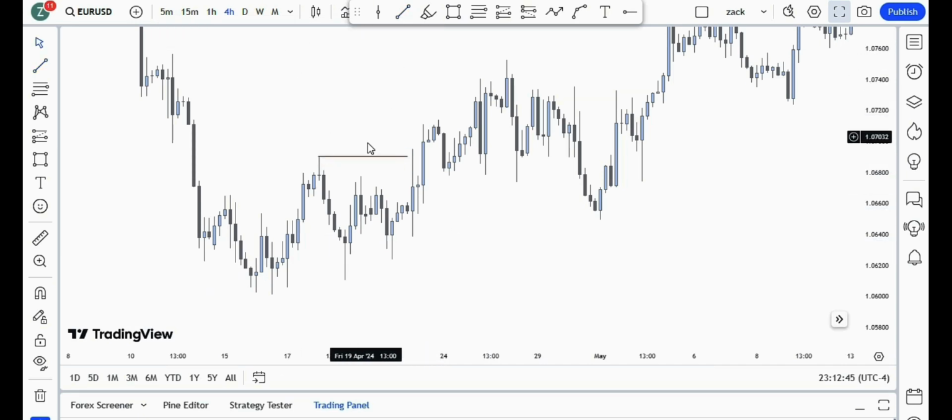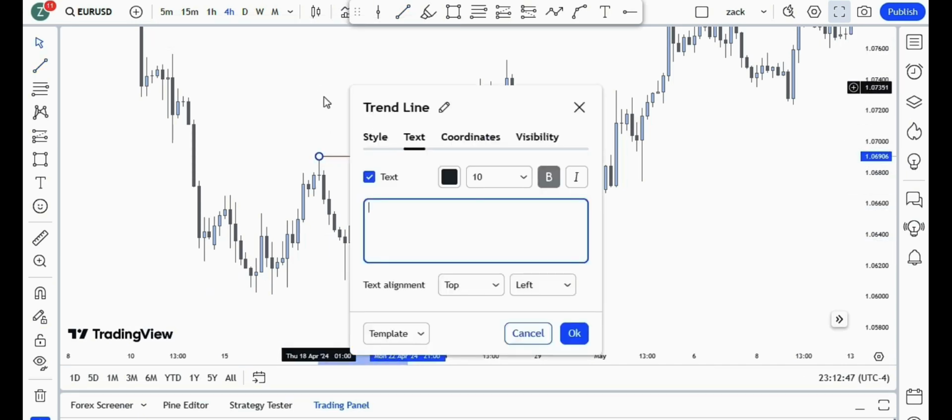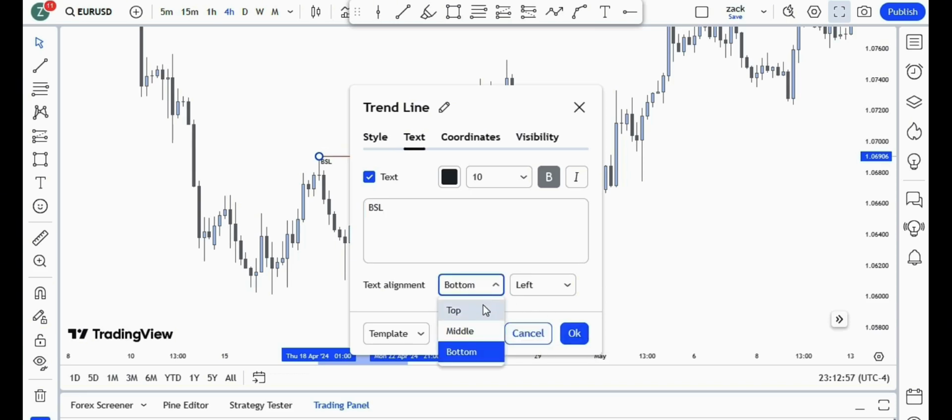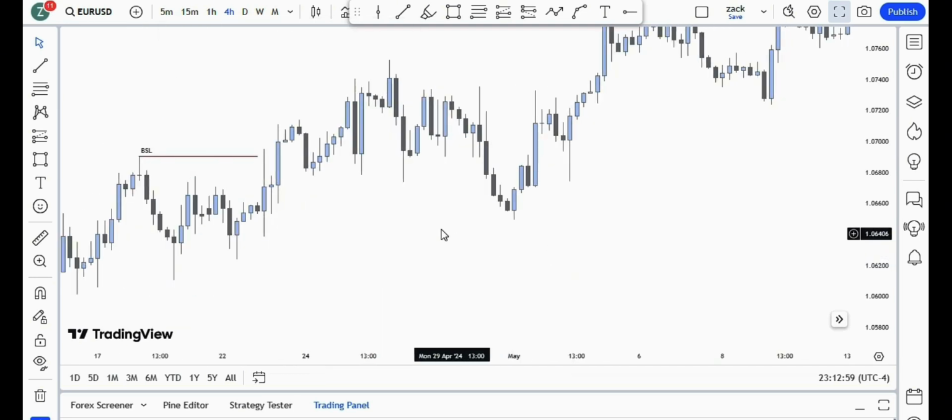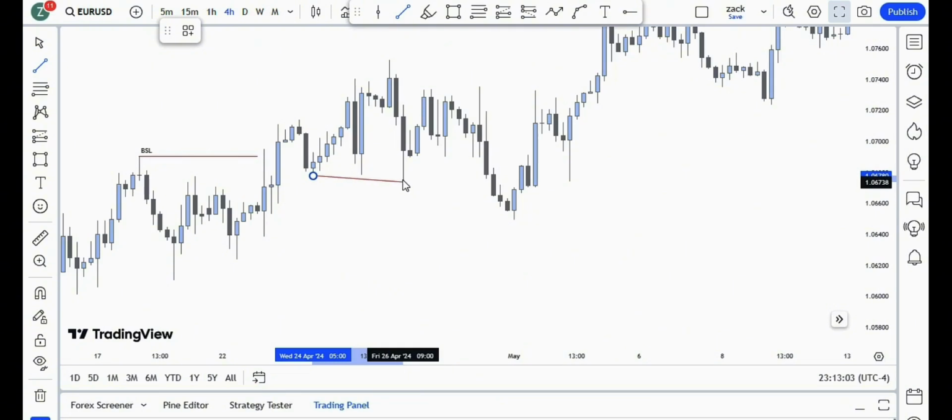Now I want to buy, and to buy, price has to take a low before price buys. If price wants to sell, price has to take a high. So we wait for this liquidity to be taken out.